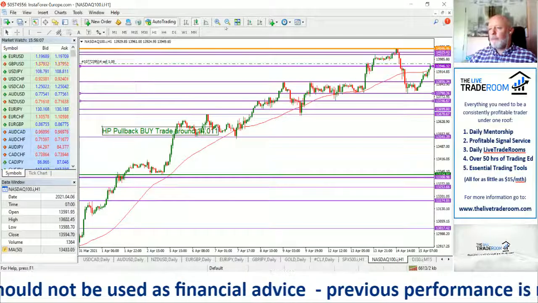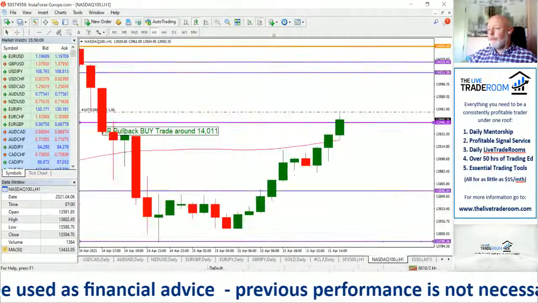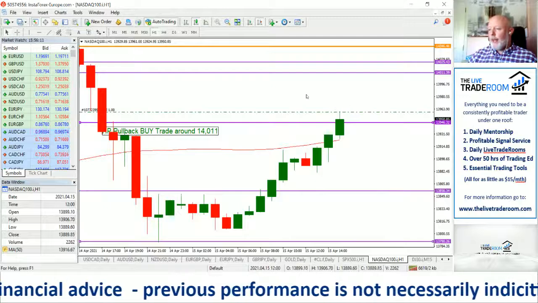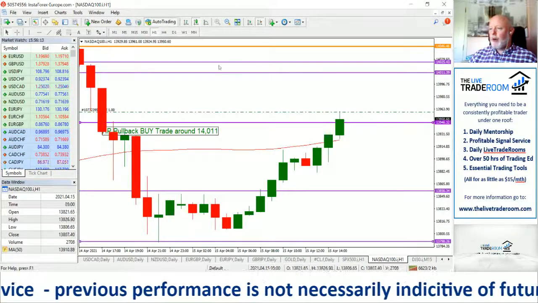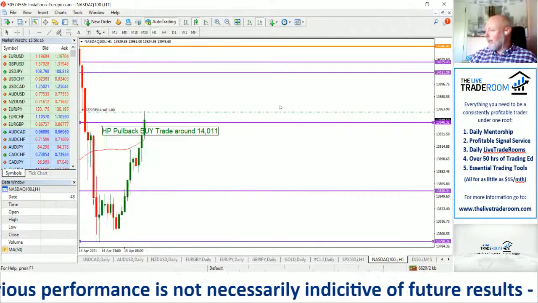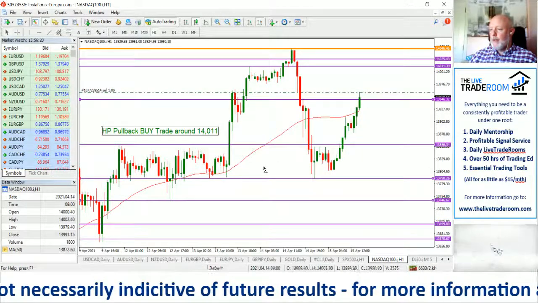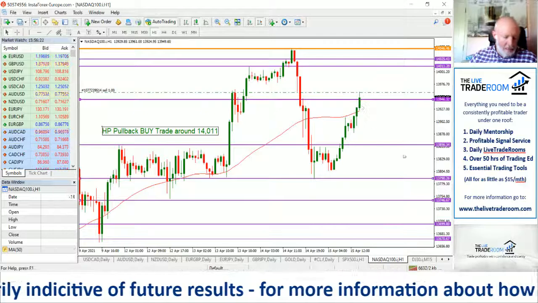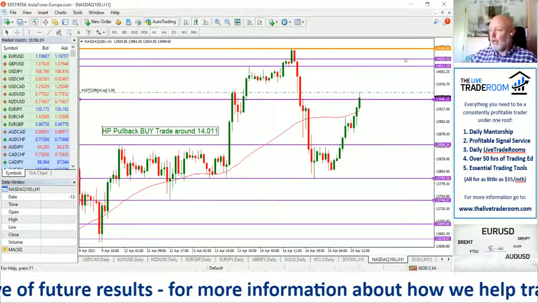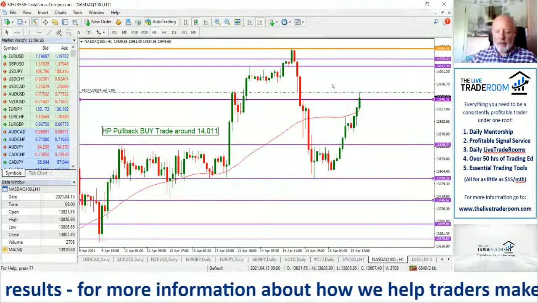So that's our entry price, and we would just anticipate these markets to continue their move to the upside. Perhaps not straight away. We might get a corrective move first, but ultimately we'd expect these markets to push higher.